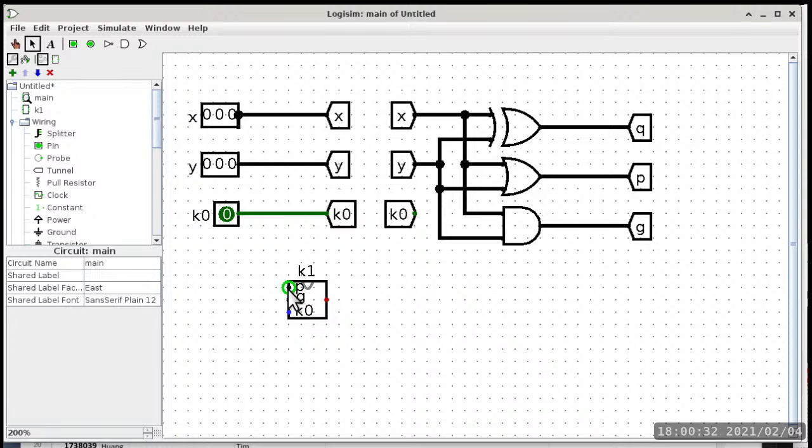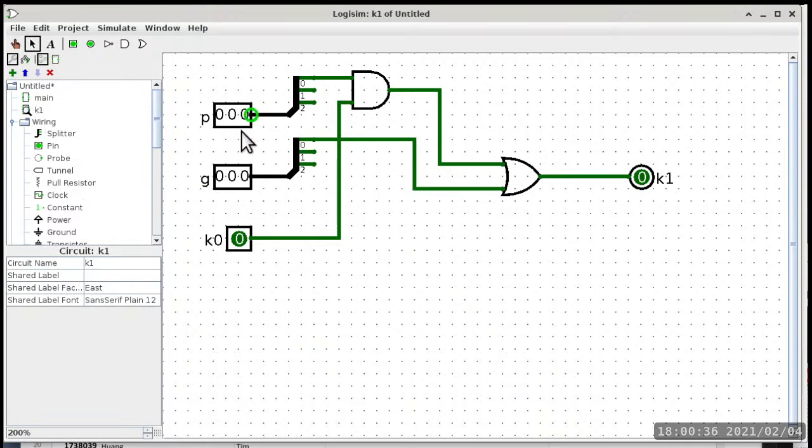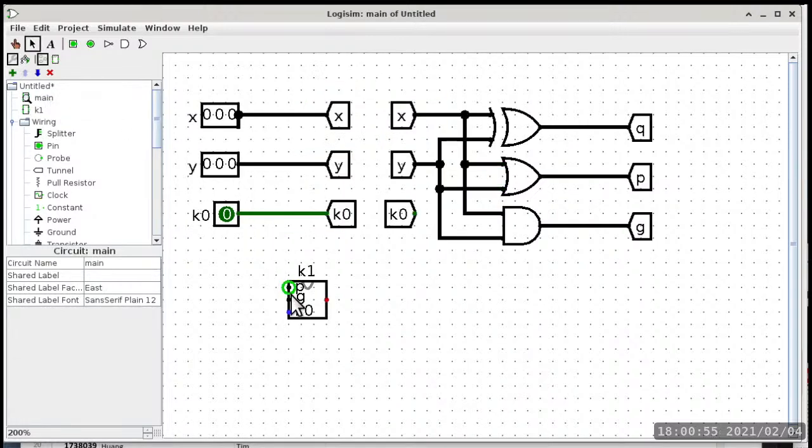I did label the pins inside the K1 circuit. So if I go to the K1 circuit, these pins are labeled. Somehow that did not happen with me. When I hovered in the main circuit, it did not show anything. Okay, well, it's okay with me because I explicitly labeled all of these pins, so it's not that big of a concern.